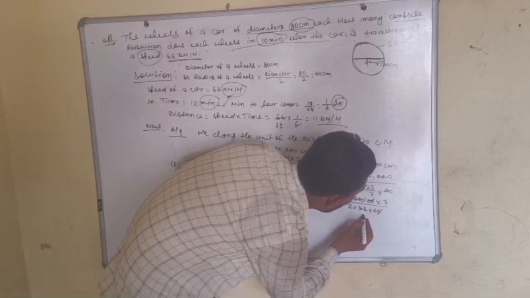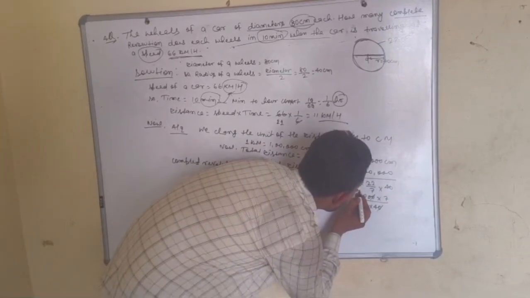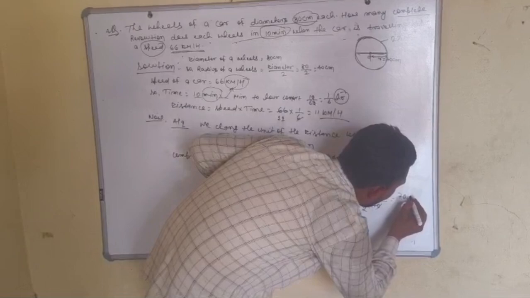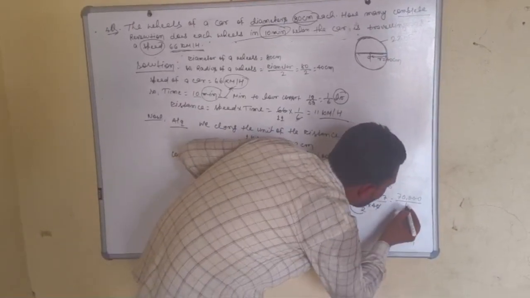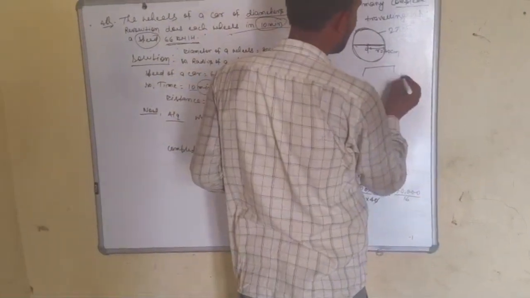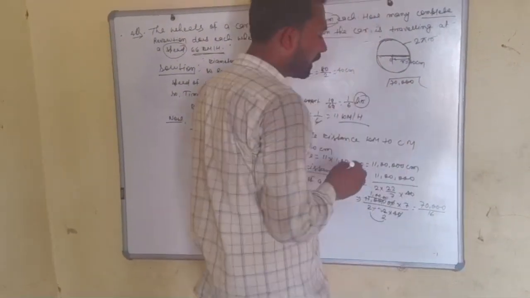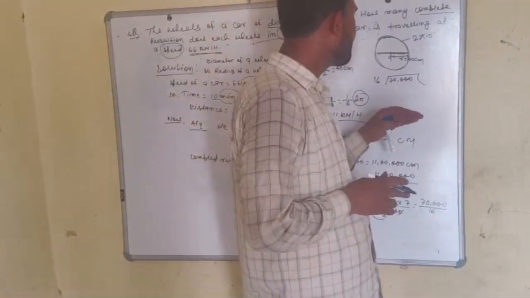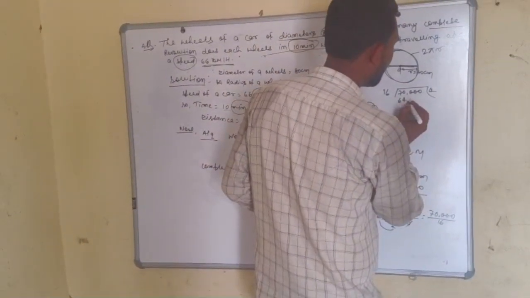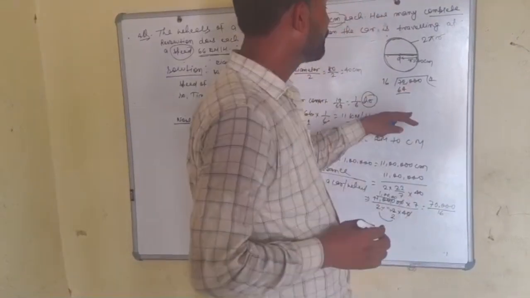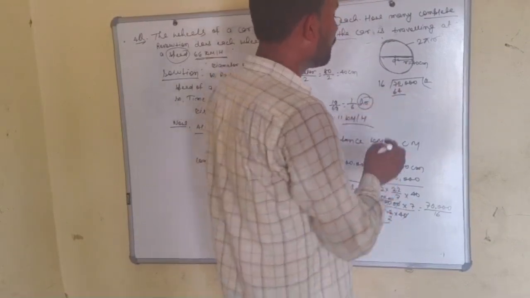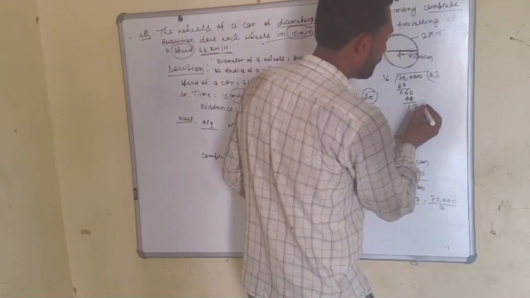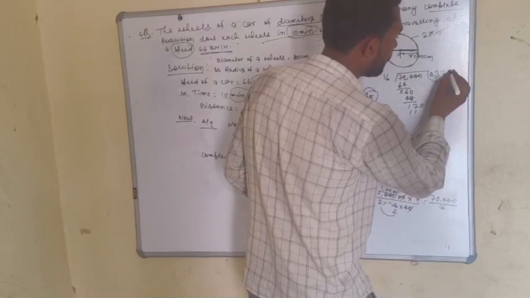Cancel out 11 and 22, 2 times. 10,000 multiplied by 7 is 70,000 upon 2 into 4, 4 into 4, 70,000 divided by 16. The table of 16: 16 1s are 16, 16 2s are 32, 16 3s are 48, 16 4s are 64, and so on, with subtraction and carrying.